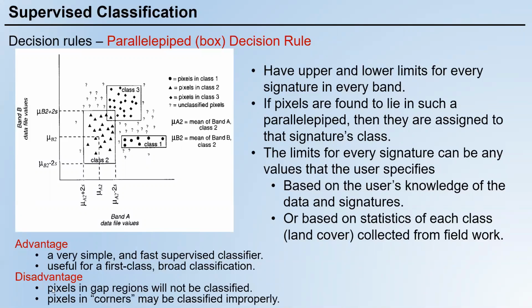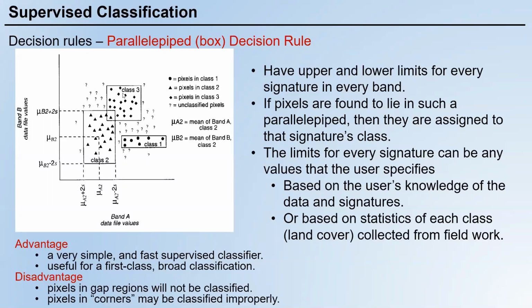And the disadvantage: pixels in gap regions will not be classified. For example, those pixels represented by question marks are not in any boxes. So how about them? You have to leave them alone. They do not belong to any classes based on this box decision rule. And also, there are pixels in the corner of a box, or pixels included by two or even more boxes.